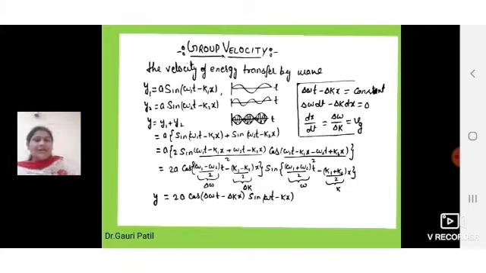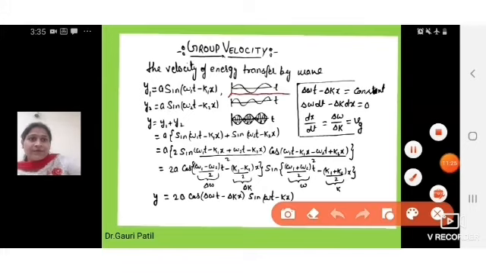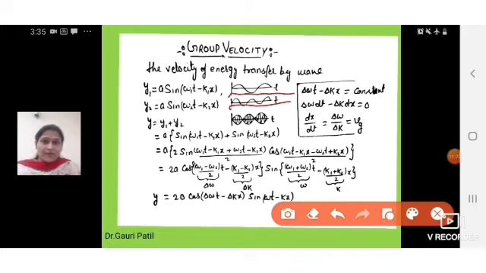As I discussed in the last slide, what group velocity and phase velocity are. Here there are two waves, the first wave and another wave. These two waves have the same amplitude.